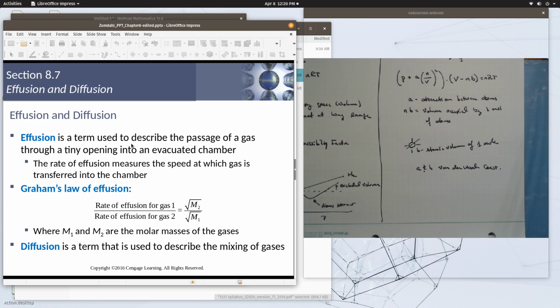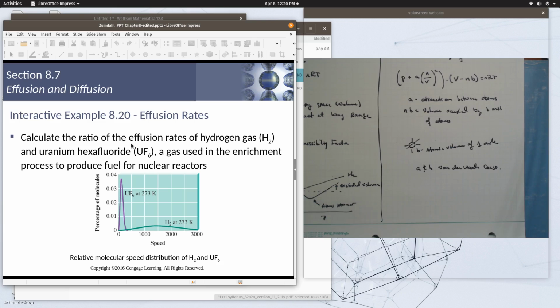And diffusion is different. Diffusion is the term that describes the mixing of gases. How well do they mix? So the effusion rate is simply related to the square root of the mass ratio. So we can look at the effusion rate of hydrogen and uranium hexafluoride.